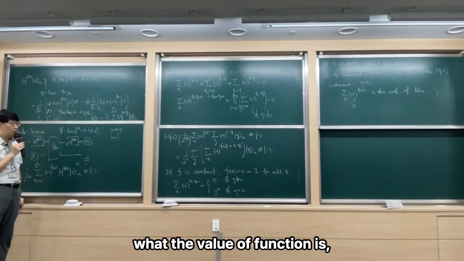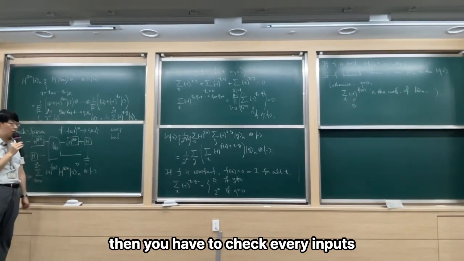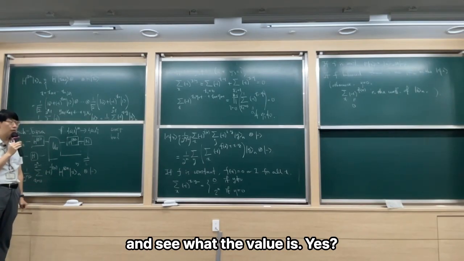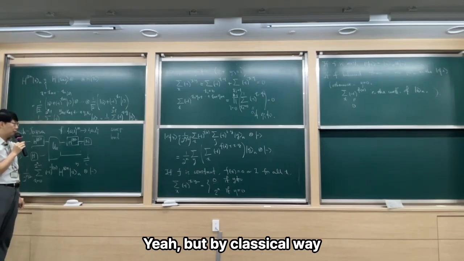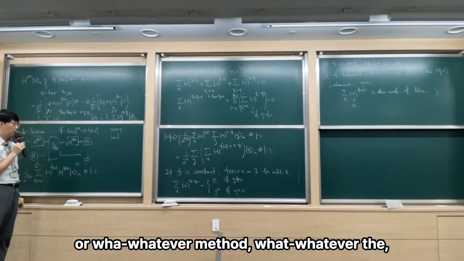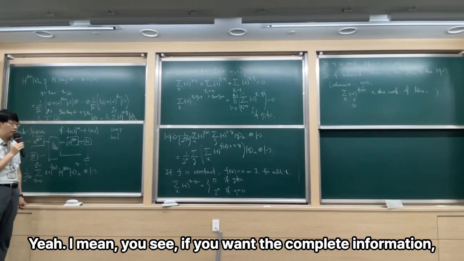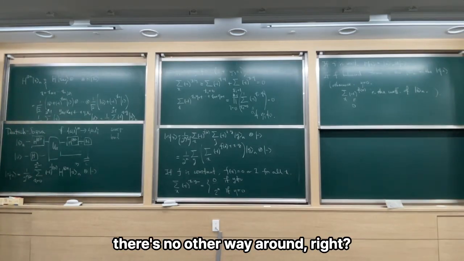Then you have to check every input and see what the value is. By classical way or whatever method, whatever tool you have. If you want the complete information, there's no other way around.